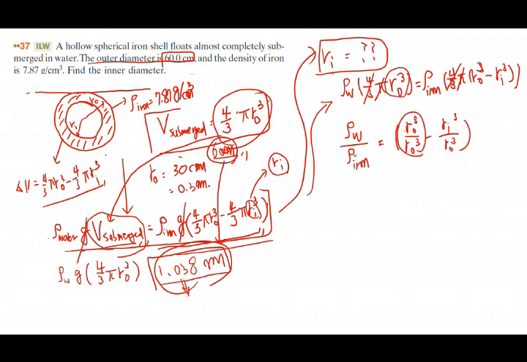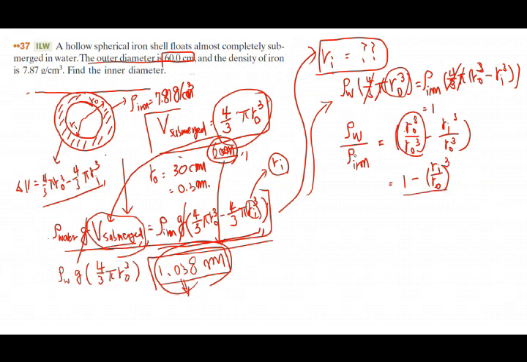And this one is 1, okay? So that should be 1 minus Ri cube over R naught, outer radius cube.